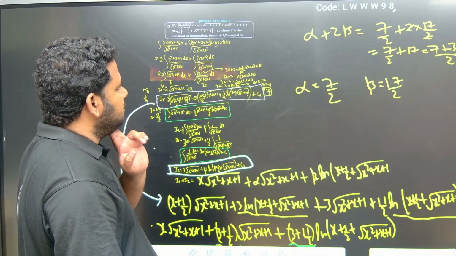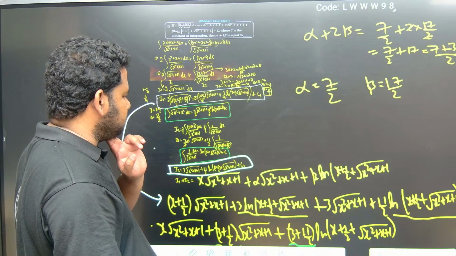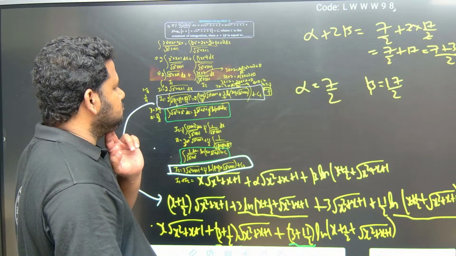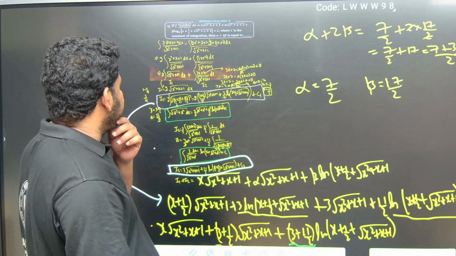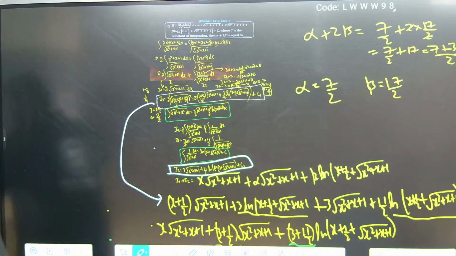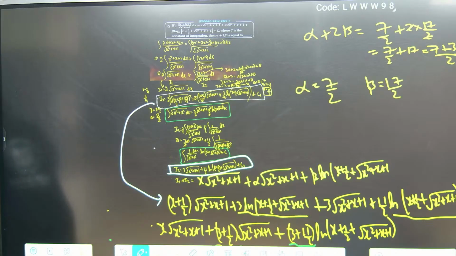Just a minute, alpha is 7 by 2. Let me have a look at the question, whether they are asking alpha by 2 or something else. Let me check the question.